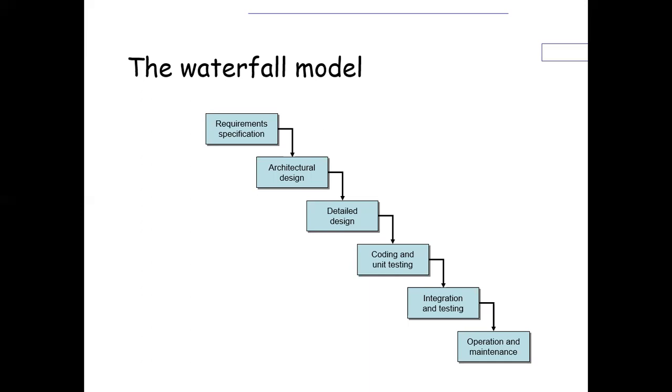Let us see first the requirement specification. In the requirement specification, the designer and customers try to capture the description of what the eventual system is expected to provide. The requirements are usually initially expressed in the native language of the customer. Next is architectural design.